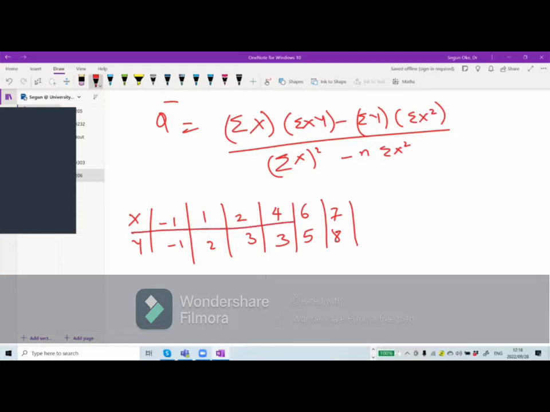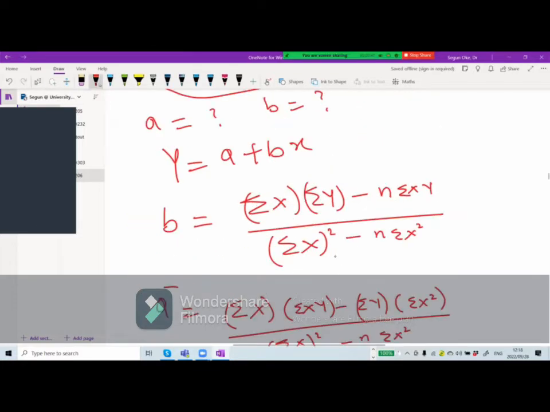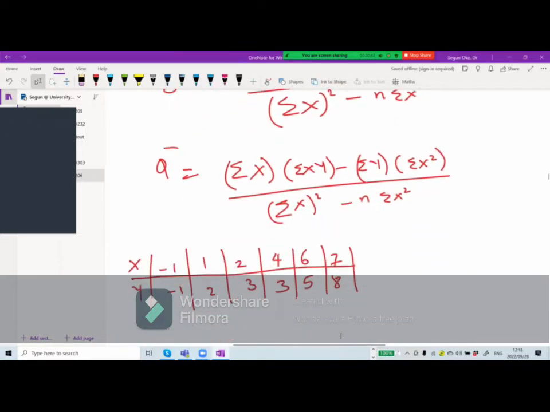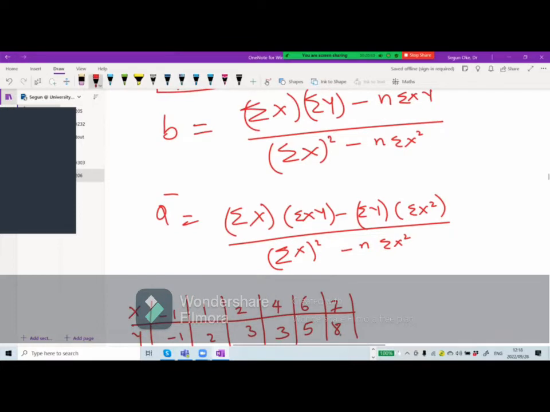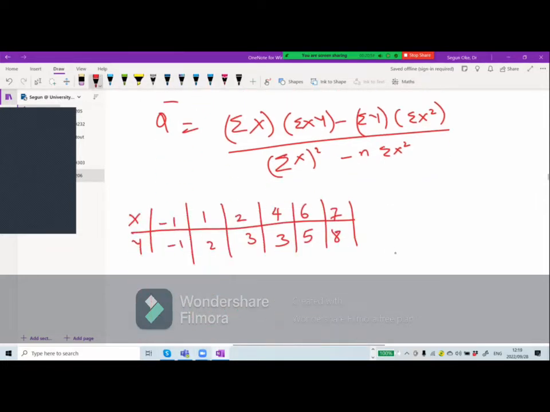So we want to formulate this. We want to use this one to find A and B. What do I need? The number one thing I need from the formula for A and B, you discover that you need N. N is the number of observations we are working with.